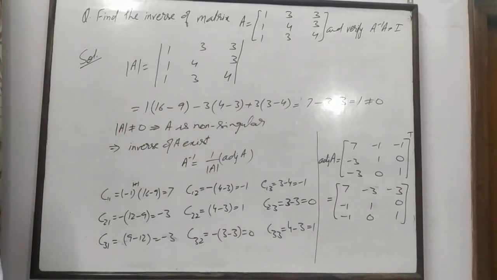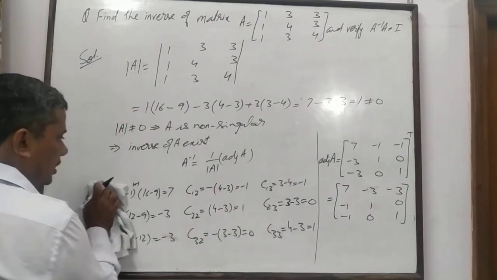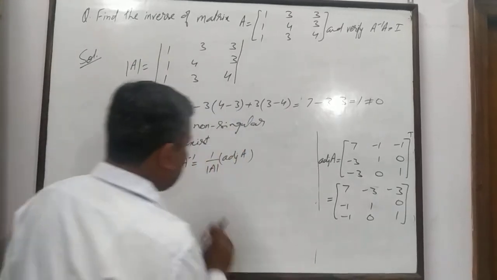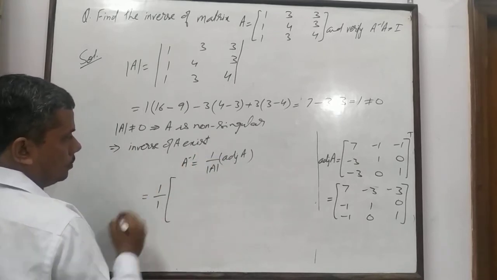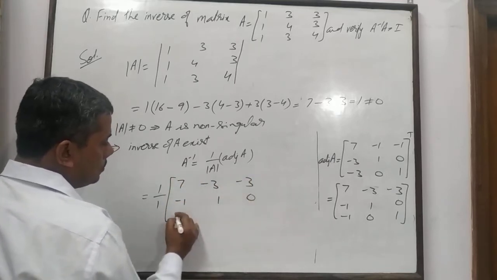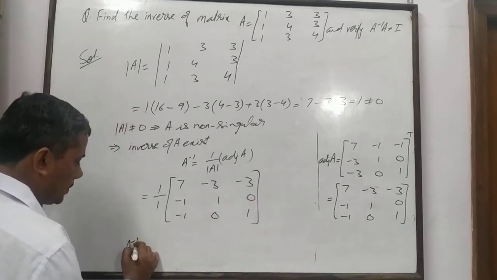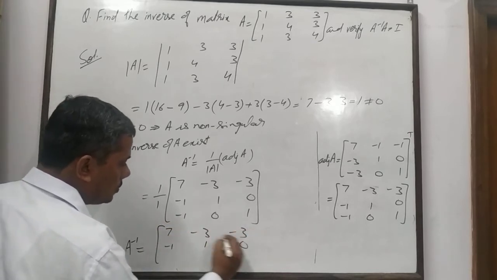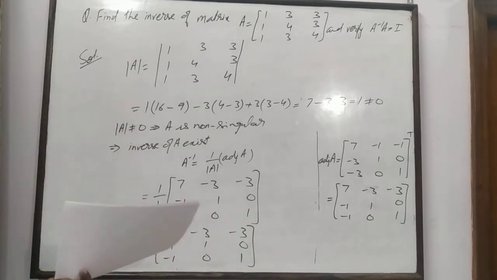So that's how we found the adjoint of the given matrix. Now to find the A inverse, we have the formula that says A inverse is equal to 1 upon determinant A into adjoint of A. So 1 upon 1 into adjoint of A. So A inverse is equal to [7 -3 -3; -1 1 0; -1 0 1]. That is your A inverse.